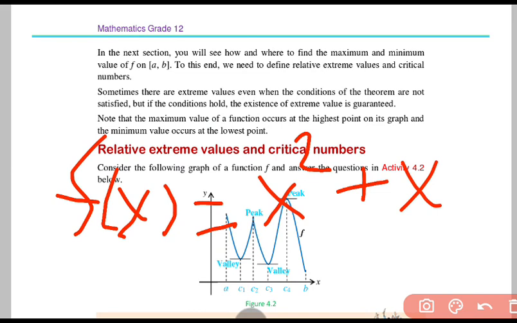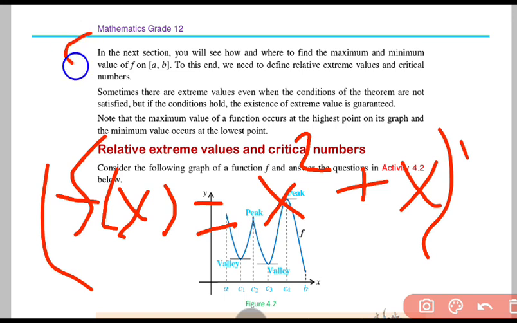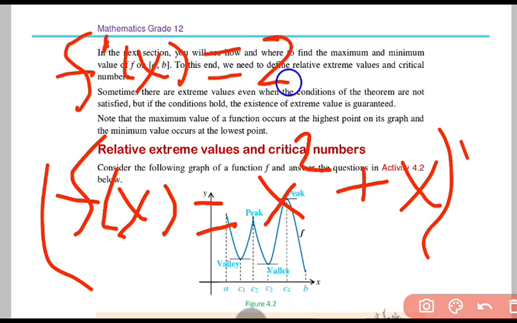Let us derive this. Derivate, and we derivated this. This will be f derivative of x. This is the sign of the derivative, equal to 2x plus 1.